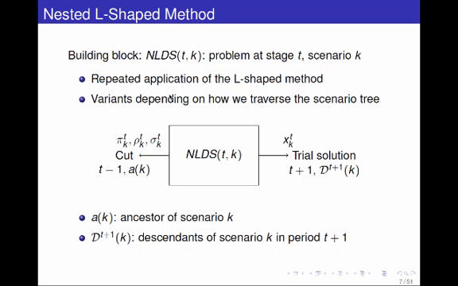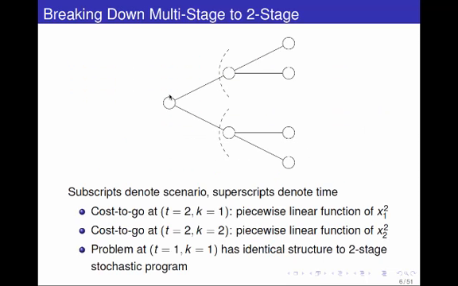A of k is the node from which k is born. So for example, here, A of 1 is 1, A of 2 is 1, A of 1 is 1, A of 2 is 1, A of 3 is 2, and A of 4 is 2. Okay?